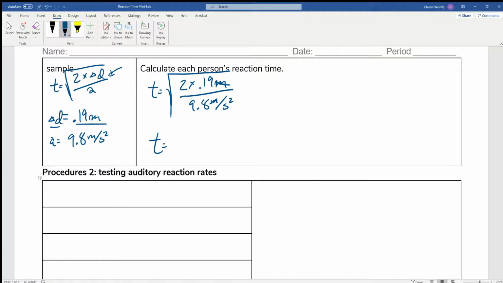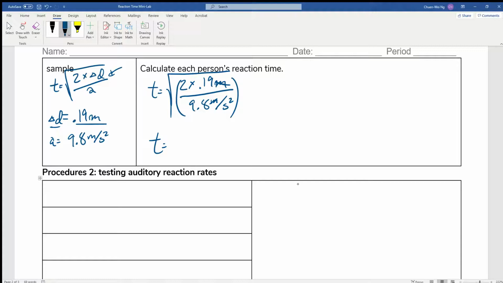So if I plug this into the calculator, I'm going to try to put this whole thing into parentheses. I'm going to type in square root, open parentheses, 2 times 0.19 divided by 9.8, close parentheses. I'm going to press enter.